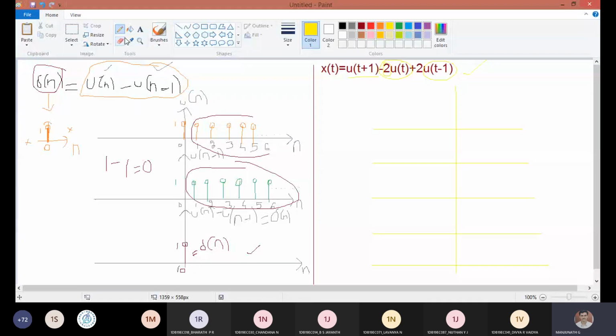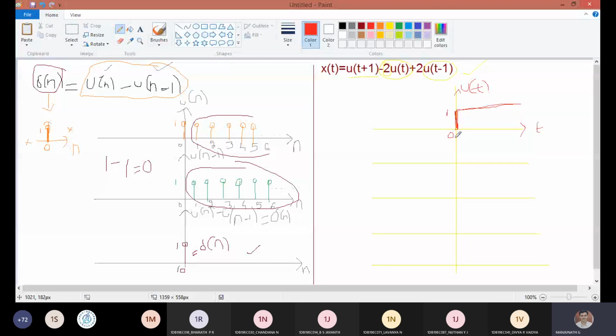So you keep u of t as the base. Is it discrete or continuous? Continuous, right? Yes. So from 0, it goes like this, with amplitude 1. I think everyone did the first part clearly.